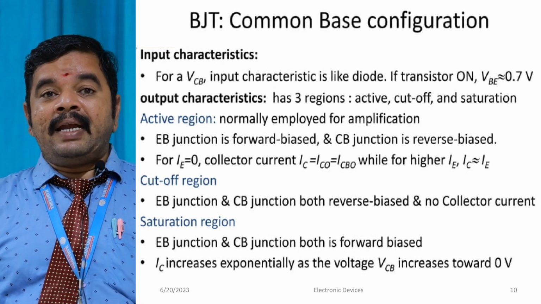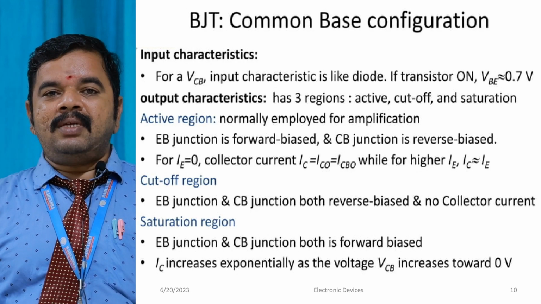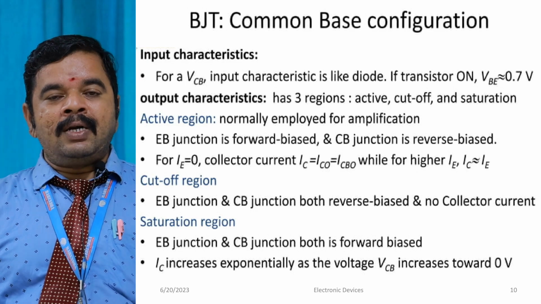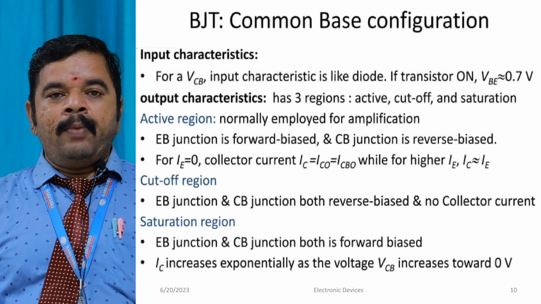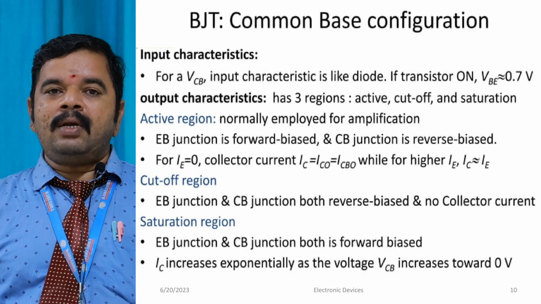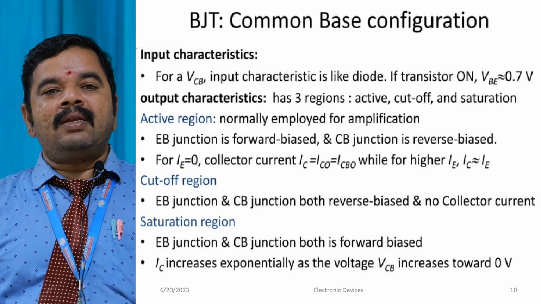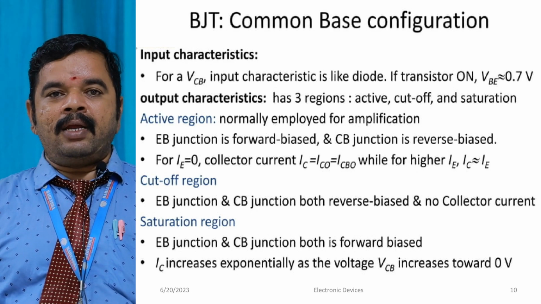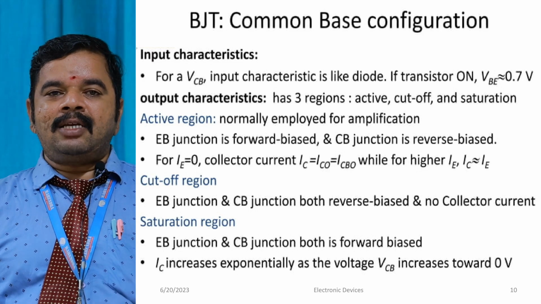Under the cutoff region, the transistor is off, which means no current flows through the transistor. Both the input side and the output side are in the off condition, that is, reverse biased. Under reverse bias there is no flow of majority carriers, so the transistor is considered to be off.